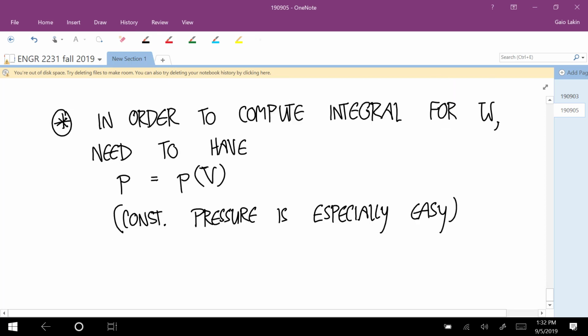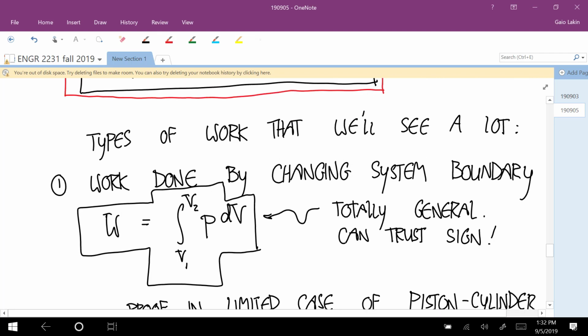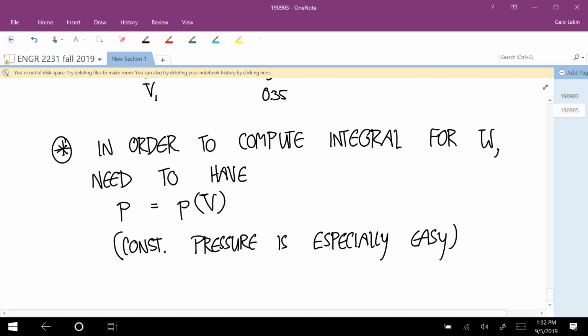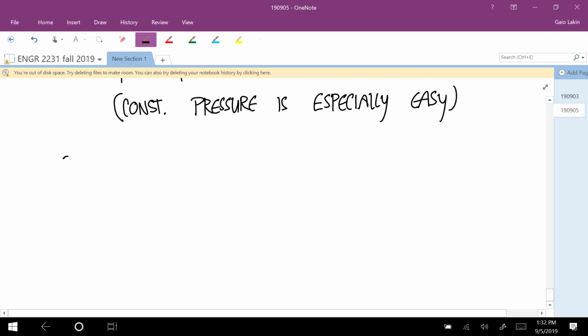All right, the other two, if you remember, I've been talking about this for a long time, but I'm giving you three types of work that we'll see a lot. This is by far the most common, but I'm going to give you two other types too. So the second one is if there's a rotating shaft interacting with the system.